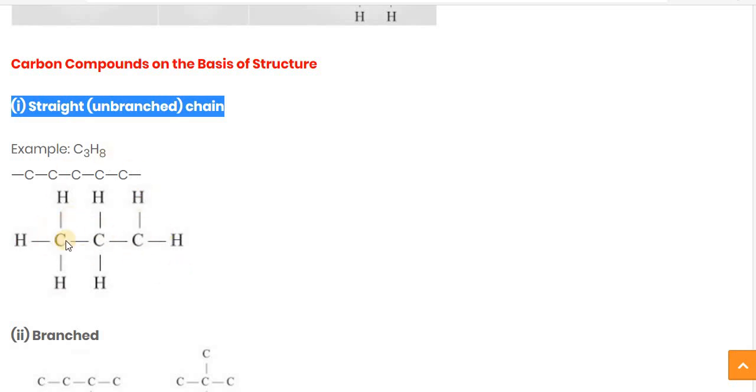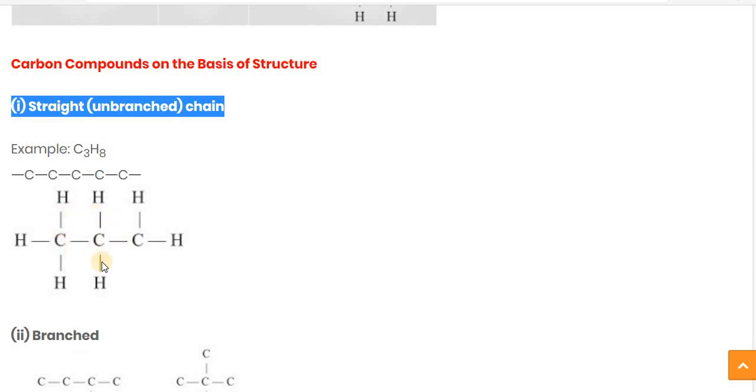If anybody says give the name of this structural formula, then first of all you have to count the carbon atoms: 1, 2, 3. 3 carbon is there. Then methane, ethane, propane, means this is propane. Now for the suffix, which kind of suffix do we have to use? Ane, ene or yne? We have to go for ane.